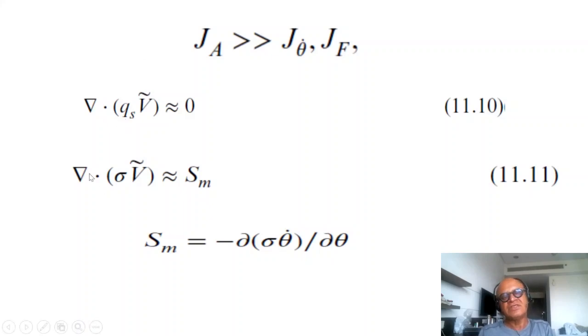In this case, the potential vorticity substance is basically set by the mass source, which is related to the divergence of the sigma term, which is Sm, the source of mass, which is related to the diabatic heating. So essentially the injection of vertical mass flux into the isentrope by the convection.